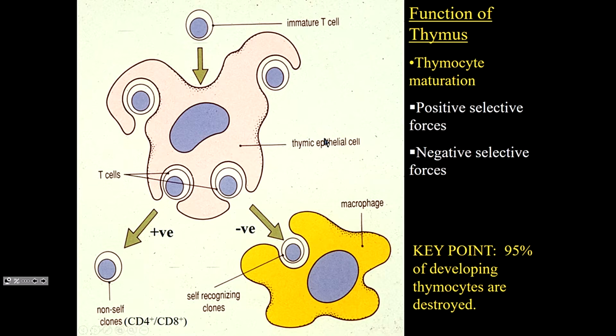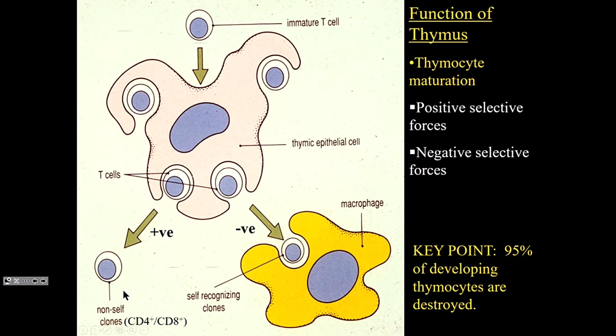If that T cell is recognizing a self-antigen, which would then cause some sort of autoimmune response, that T cell is phagocytosed by a macrophage and destroyed. Whereas if that T cell that is undergoing somatic recombination does not recognize a self-antigen, then that T cell will survive and be released into the circulatory system, into the blood, so that it can act out immune surveillance.